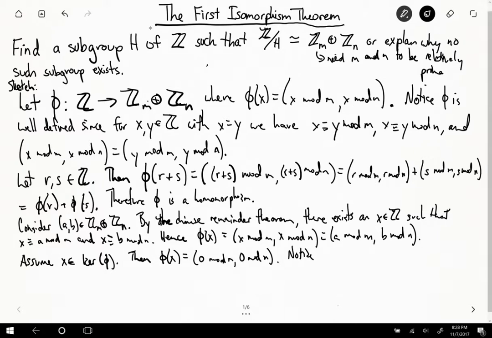Notice now, in this case, what happens? Well, x equivalent to 0 mod m and x equivalent to 0 mod n implies x has to equal the least common multiple of m and n.